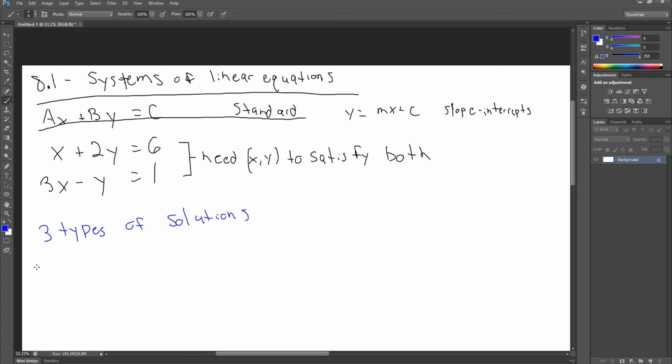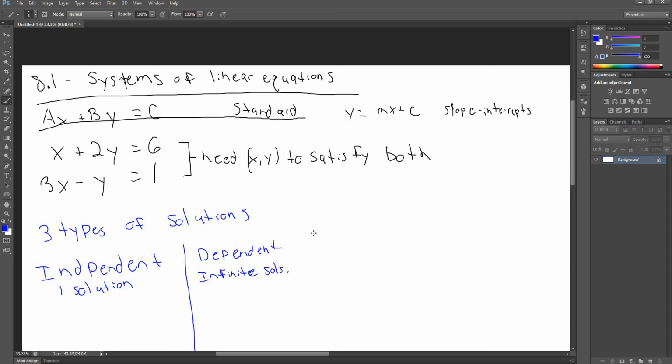They are independent, which means just one solution. Dependent, which means infinite solutions. I'm just going to write SOLS for solutions. And then there is inconsistent, which means no solutions.